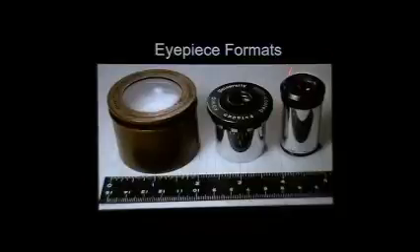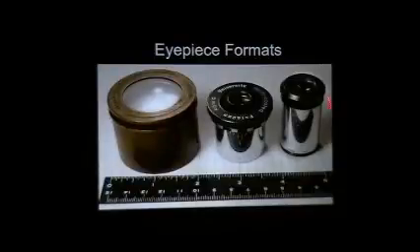The one on the right here is the 0.965 inch eyepiece size, otherwise known as the Japanese standard. The Japanese used this as a standard size eyepiece for quite a few years. The 1 1/4 inch eyepiece that we're all familiar with here is otherwise known as the American standard, and it's the most common eyepiece size that you'll see.